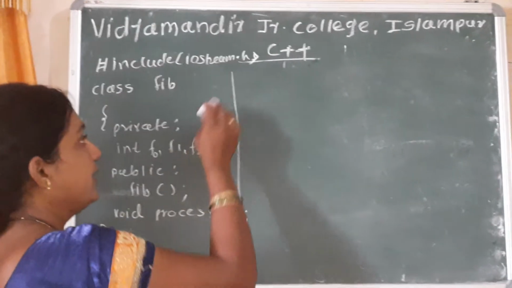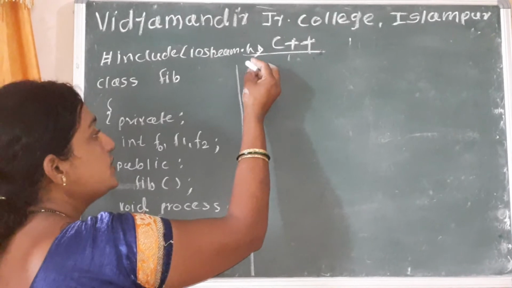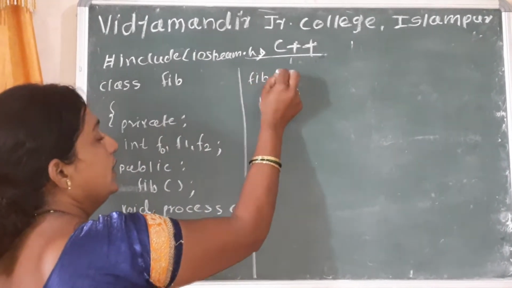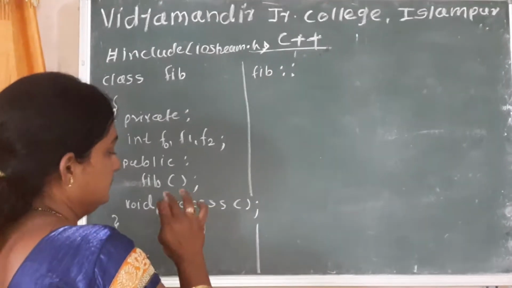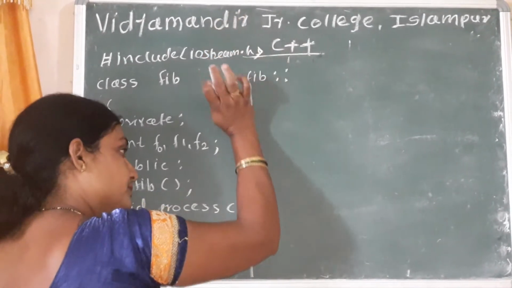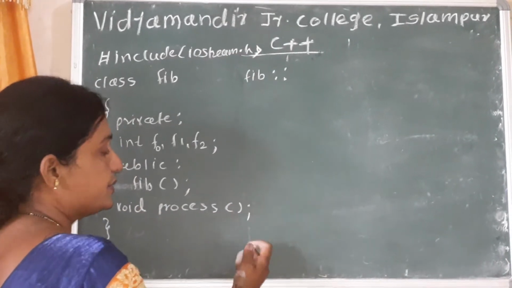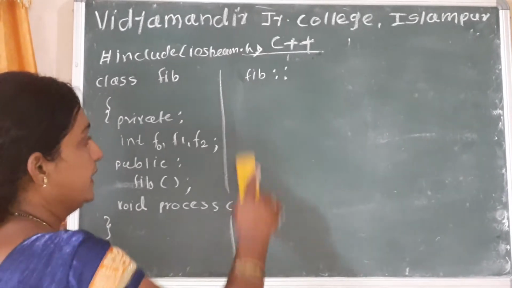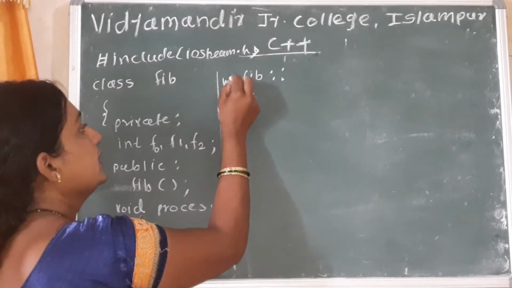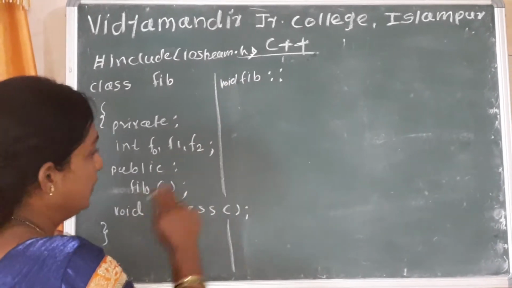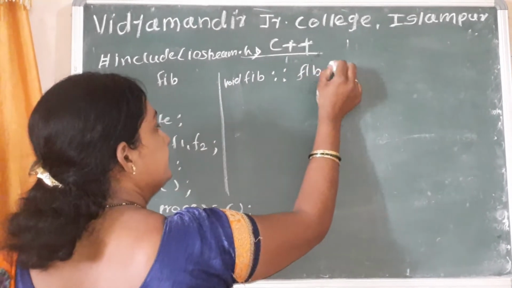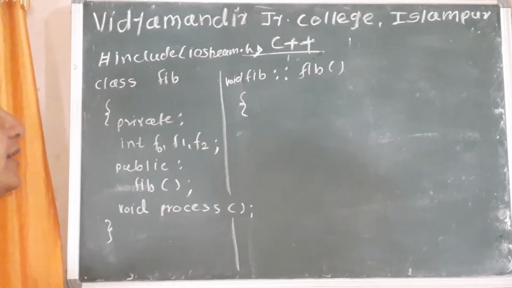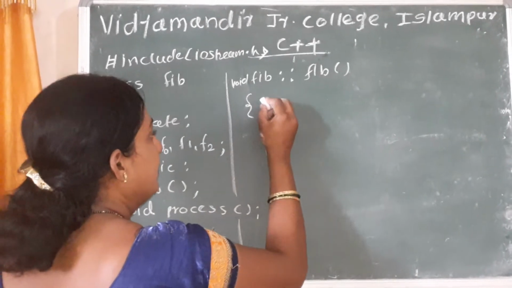First we use FIB. How can we use the outside declaration? First the return data type, void, then the name of the class FIB, then the name of the constructor FIB. Here I initialize the variables. Initialization of a variable is nothing but setting the initial value of a variable.